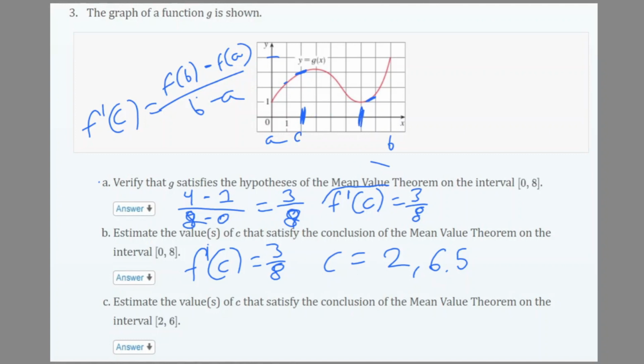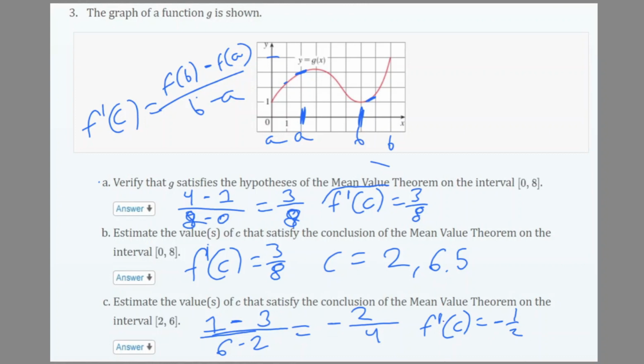The 6 is over there, so this is our new A and B. So all we need to do is plug into the mean value theorem and find f prime of C. So f of B at 6 is going to be 1, and then at A it is going to be 3, over B minus A, which is going to be 6 minus 2. So we're going to be left with negative 2 over 4. So our f prime of C is going to be negative 1/2.